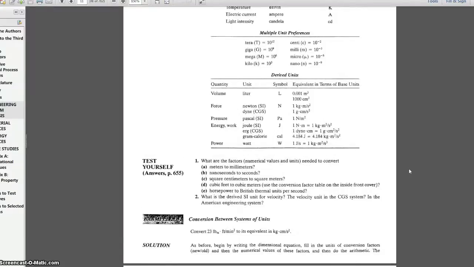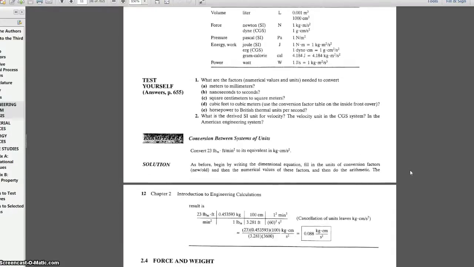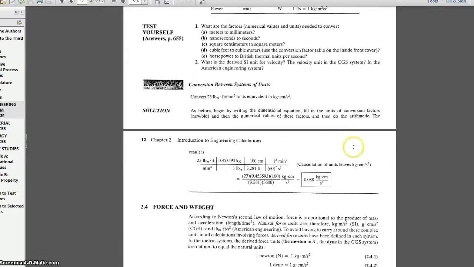So is there any example? Yeah, we can do one example for this. Conversion between systems of units. So the question is, convert 23 pound-foot over minute square to its equivalent in kilogram centimeter over second square.